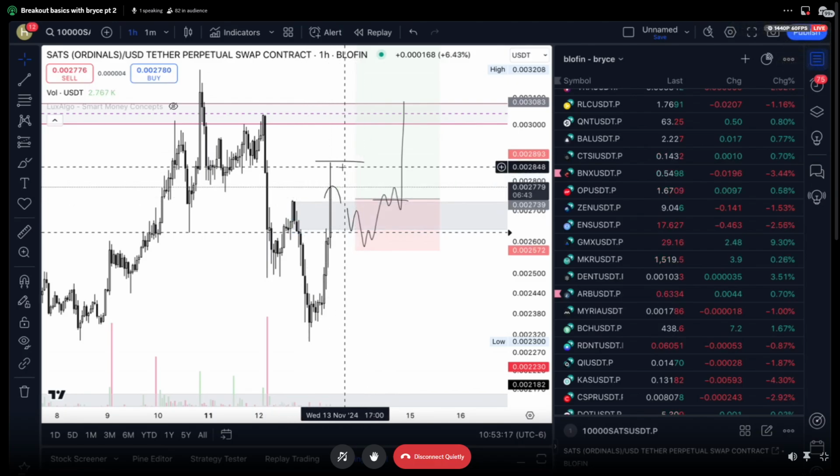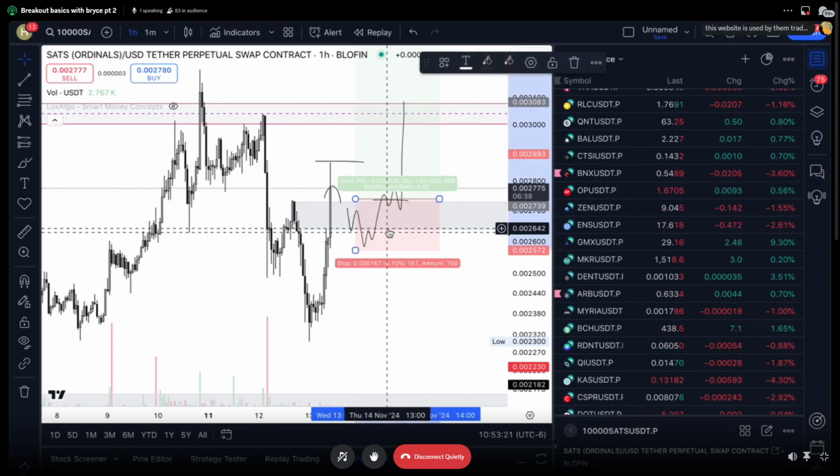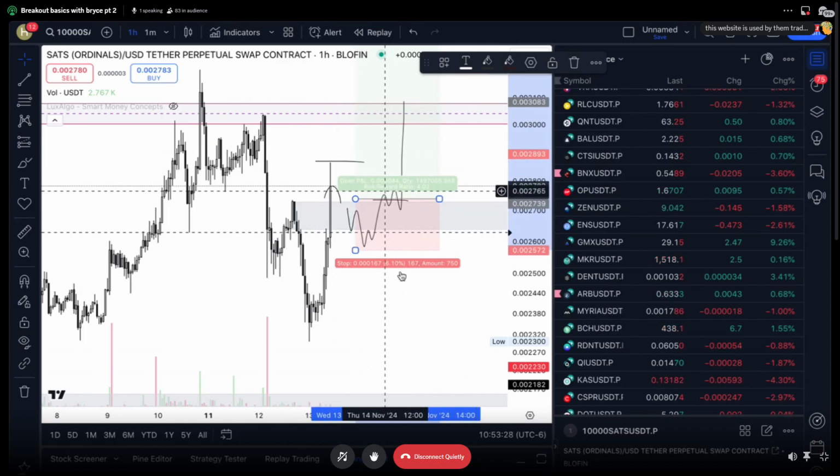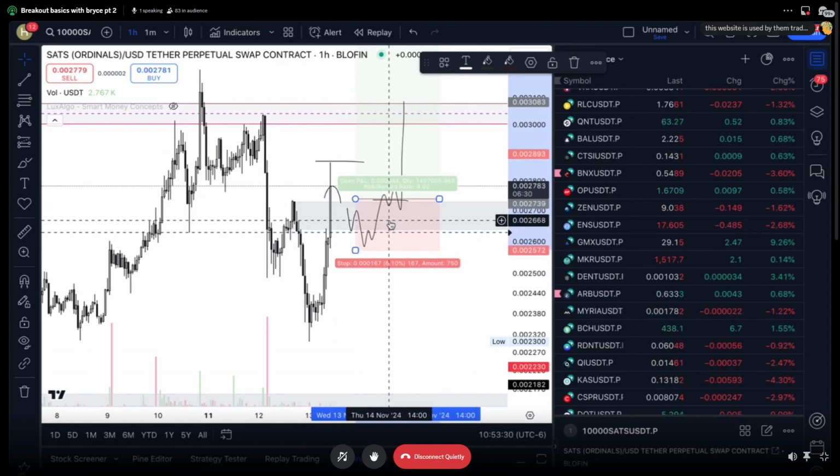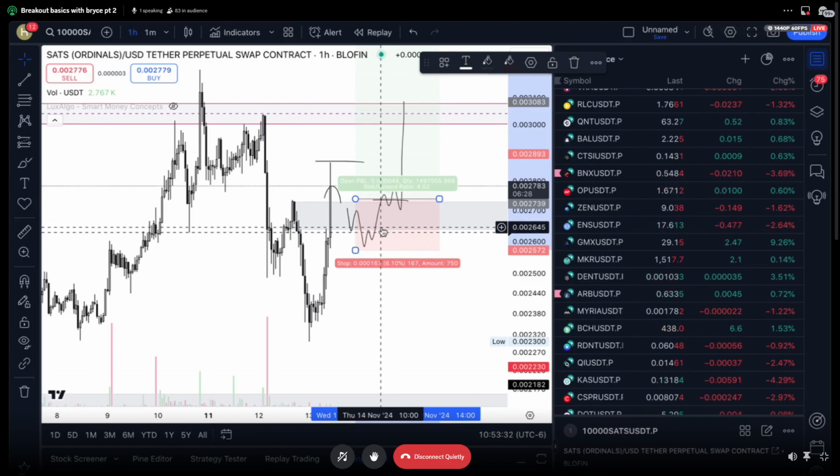If the hourly closes above, then we've already reclaimed this breaker, so we will bid this retest. However, if the hourly closes below and we do get a candle close above in following candles, then that is our reclaim. That's when I'll be looking to bid, to chase. Does that make sense?